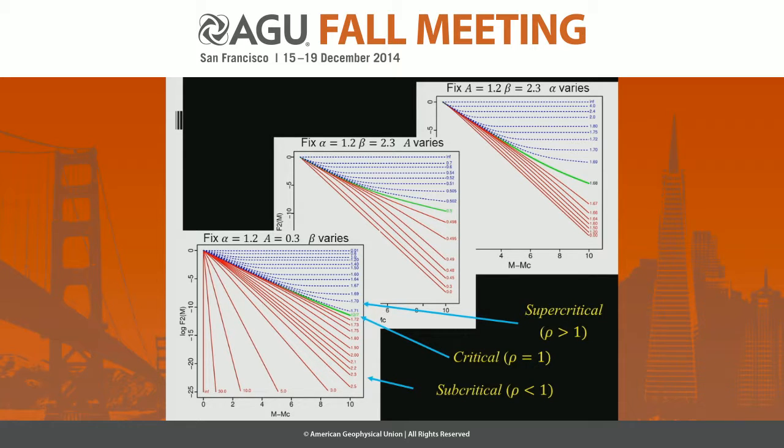Here is the solution of f of m. When the process is supercritical, because the number of population in the cluster might be infinite, there is always some probability of the earthquake including infinite numbers of events of any magnitude.